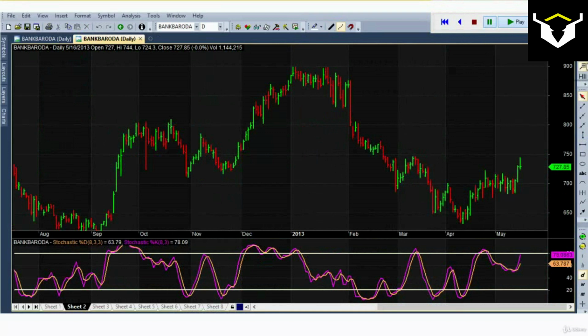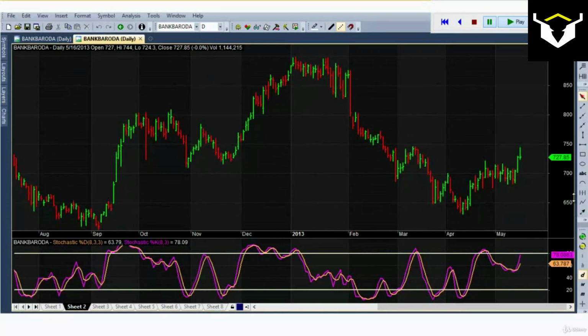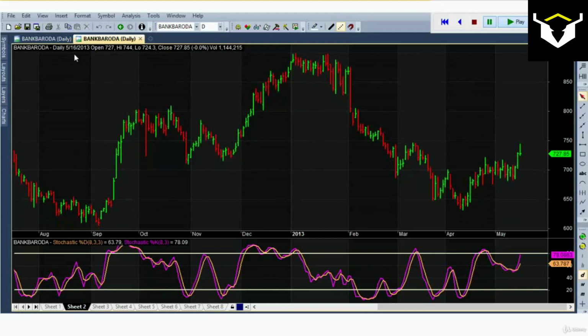Our next example is Bank of Baroda daily chart, and as of the last bar, which is 16 May 2013, you can see prices are correcting itself upwards. The major momentum is towards the downside and prices have just started to correct itself up.